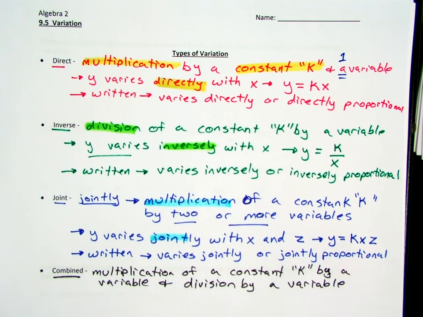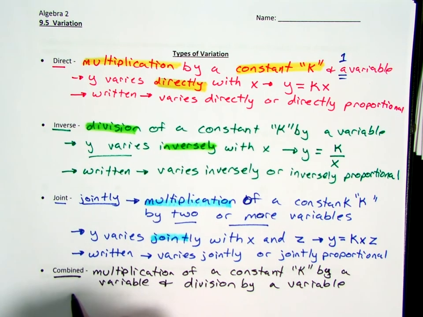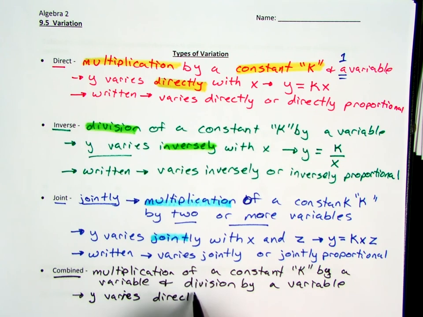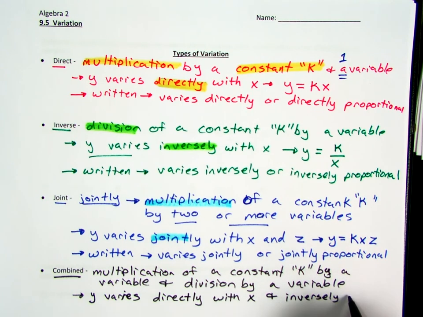So instead of having just multiplication or just division, this one will combine the two. An example of that would be y varies directly with x and inversely with z.